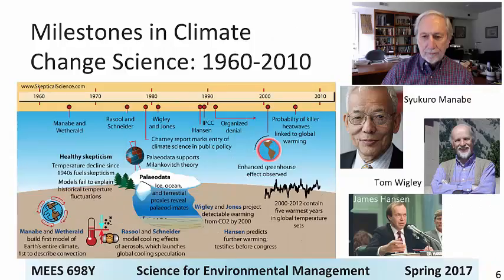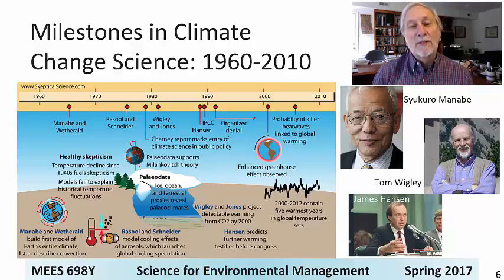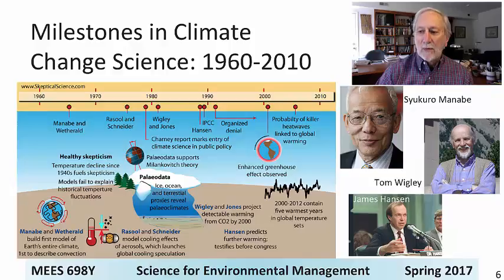Moving on into the latter part of the 20th century, there were more specific modelers. Manabe, at Princeton, NOAA's Geophysical Fluid Dynamics Lab, Tom Wigley at the National Center for Atmospheric Research, and James Hansen at NASA.